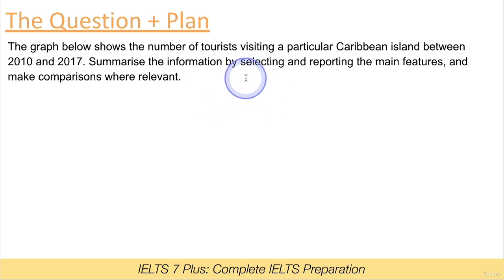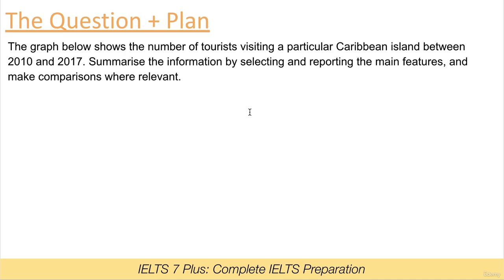Now we're being told how to, by selecting and reporting on the main features, just the main features, and make comparisons where they are relevant. So this is really important, this word, where relevant, because we don't want to make comparisons for every single part of the data. We just want to pick the most striking or the most important features to talk about.